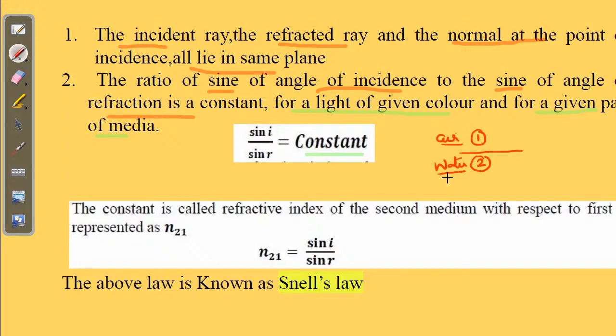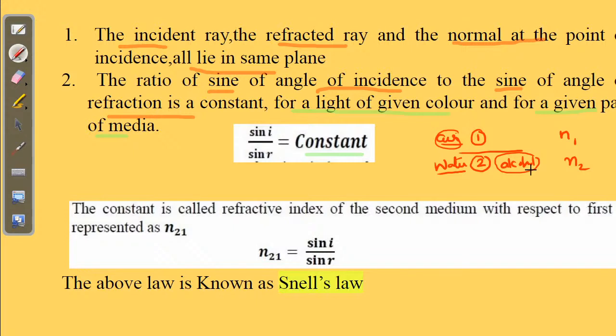Let's take that constant value as N1. Now, if I replace water by alcohol, then the ratio of the sine of the angle of incidence in air to the sine of the angle of refraction in alcohol gives another constant, N2. Why? Because you are changing the second medium.